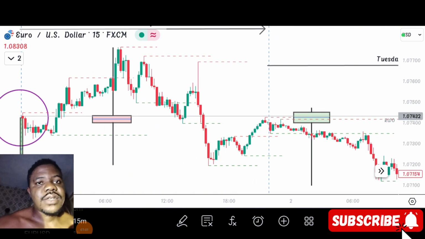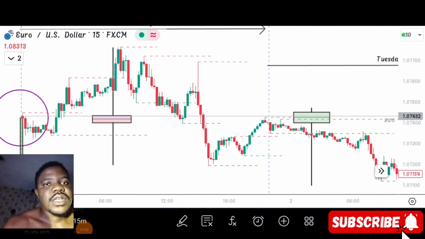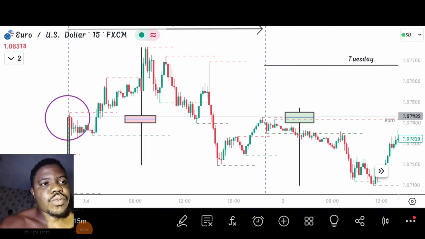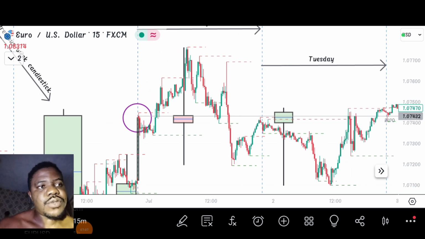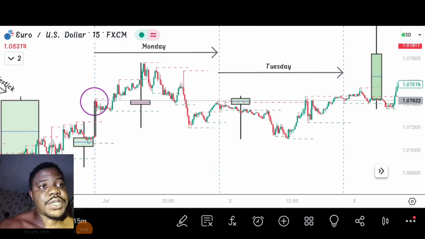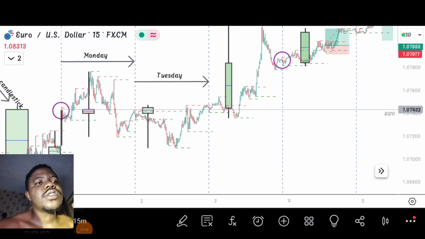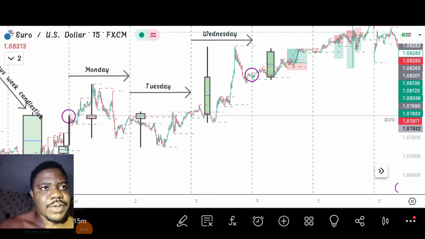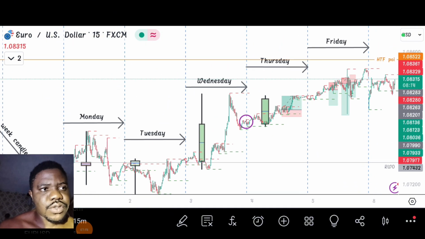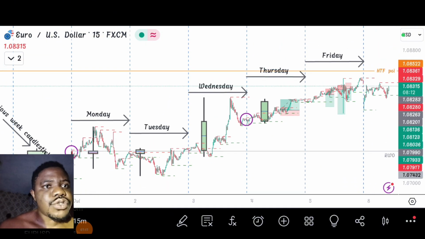So the next thing we want to do is, we've gotten the open price for Monday, which was the first day of last week. Now we've gotten it. The next thing we want to do on our chart, let me shrink my screen a little.